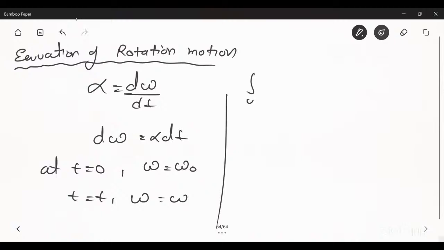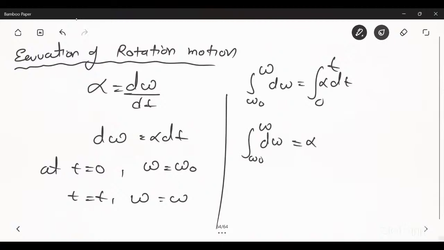So integrating, omega naught to omega d omega equals alpha dt from 0 to t. Now differentiation is removed by integration.